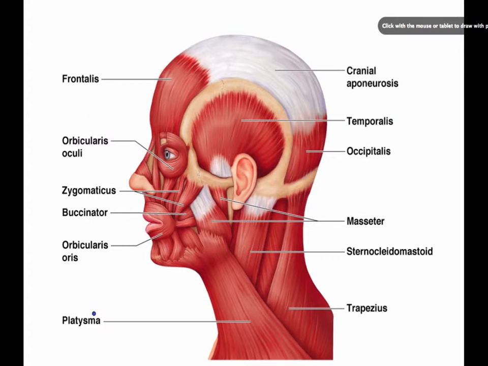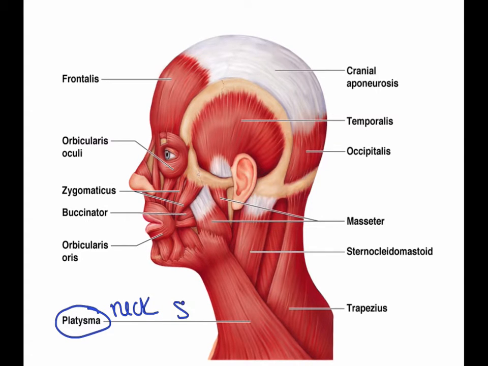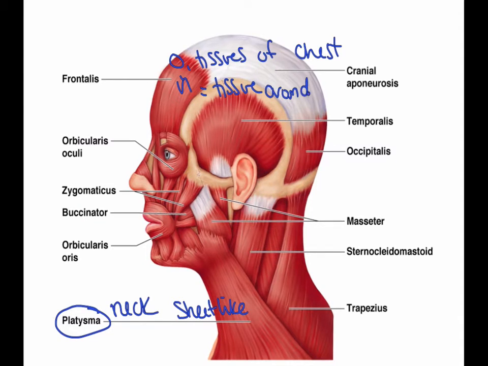Okay, so next up here, let's go ahead and go through the platysma. The platysma is a neck muscle, and it is sheet-like, and the origin, I'm going to write it up here, the origin are the tissues of the chest, and then the insertion is the tissue around the mouth.